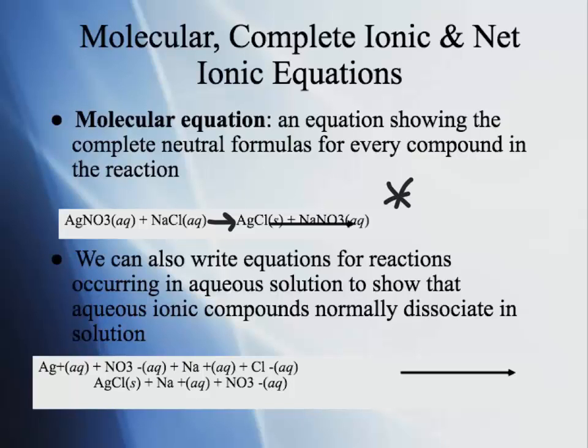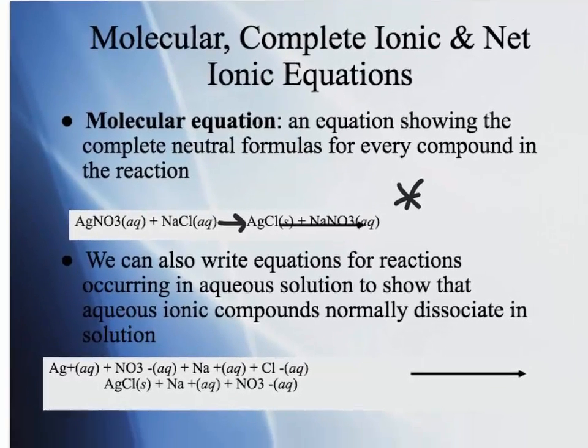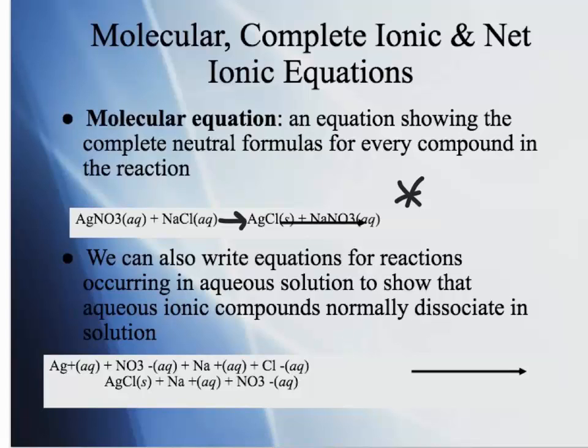Now, we can also show this same exact equation, but using the ionic symbols. See how we have aqueous, aqueous. What does aqueous mean? It means that it's dissolved in water. It's ions in water. So we could show this same equation written out in all of the ions.